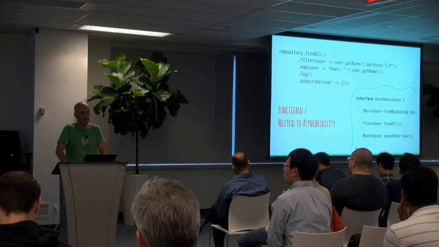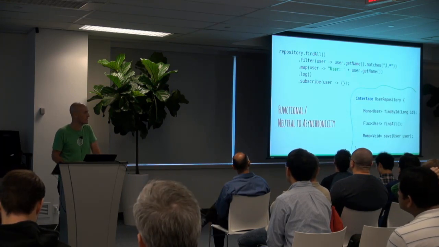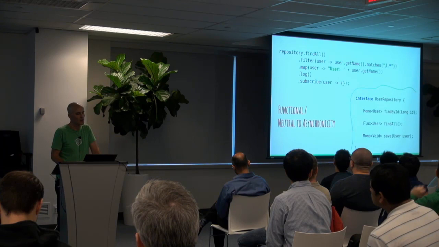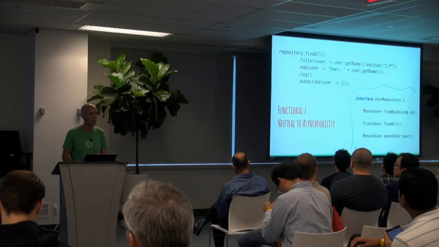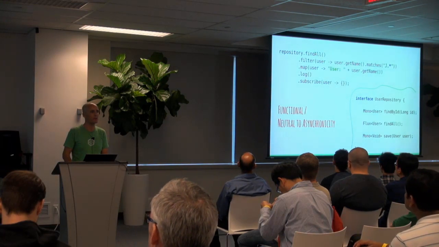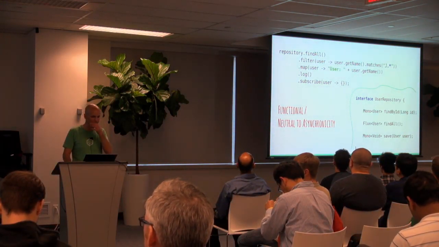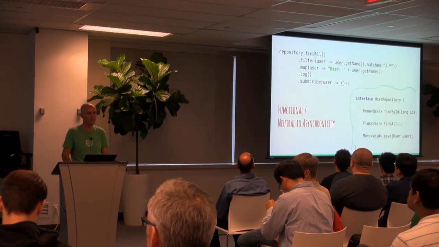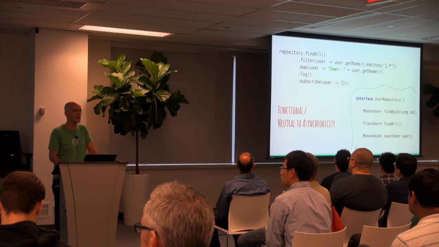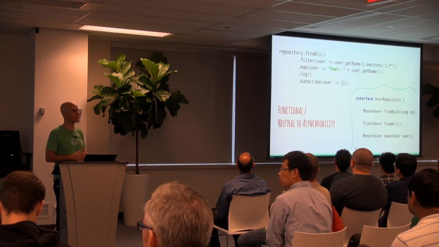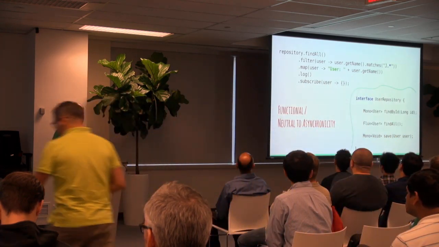But the point is that this logic is now neutral to asynchronicity. There's nothing in there which assumes that by the time we find all returns to us, that's going to happen in the same thread. We may, in fact, exit the current thread and then receive a notification back from another thread, and that's when the filter continues. The logic is laid out in such a way that there is no assumption anymore. It's broken down into smaller chunks.